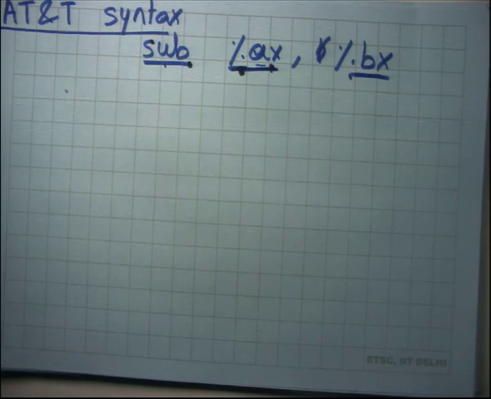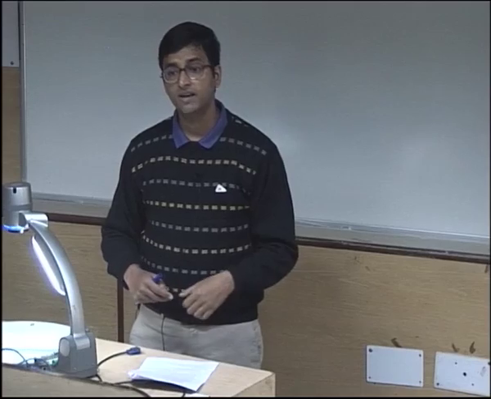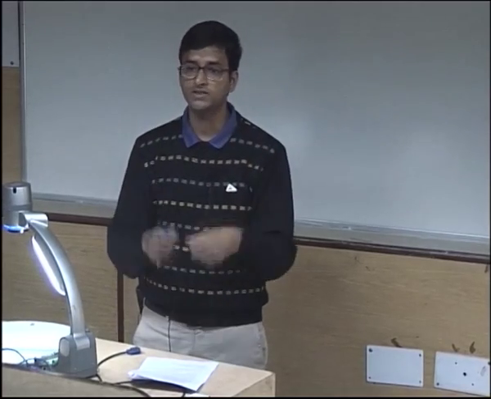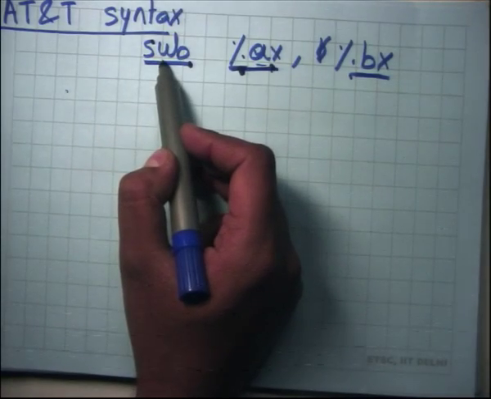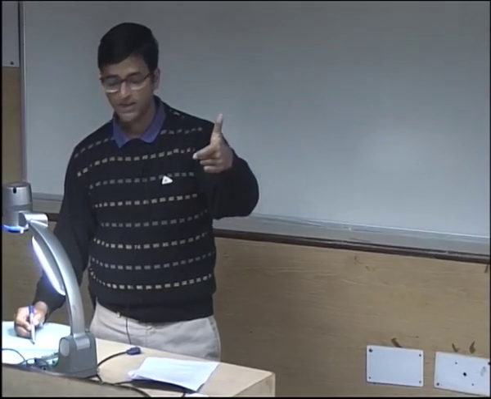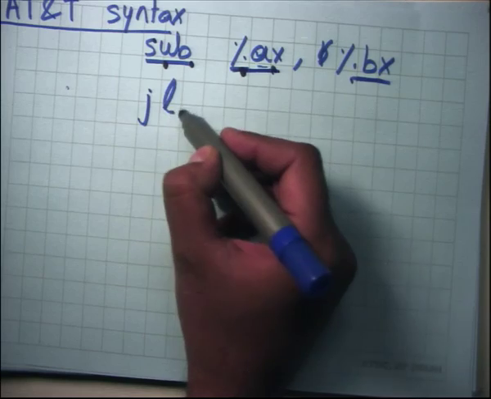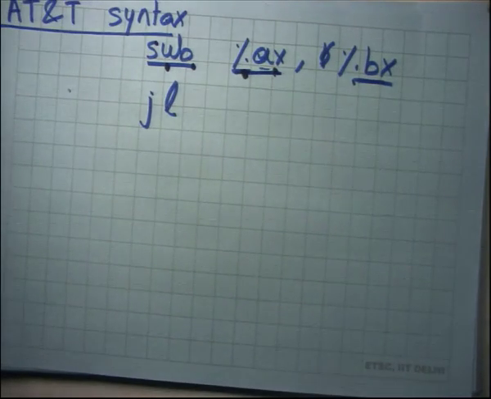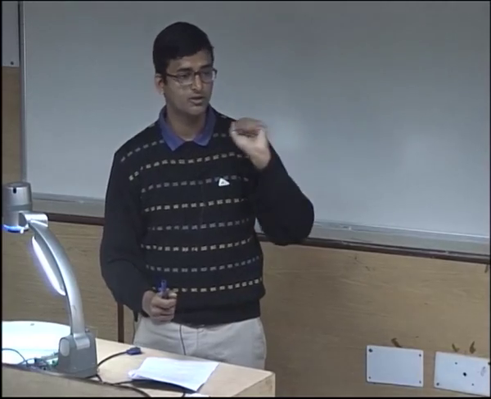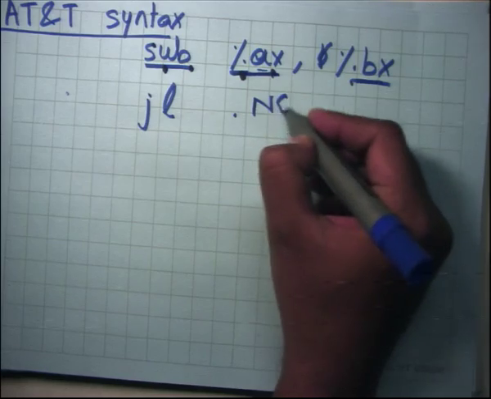Now if I want to say subtract BX from AX, and then if the result is greater than 0, then jump somewhere, the way it will happen is that this instruction is going to set a bit in the flags register, and then there is an instruction which says, let's say, jump less than, which basically says if the negative bit in the flags register is set, so if the last computed value was negative, then you jump to some other next PC.